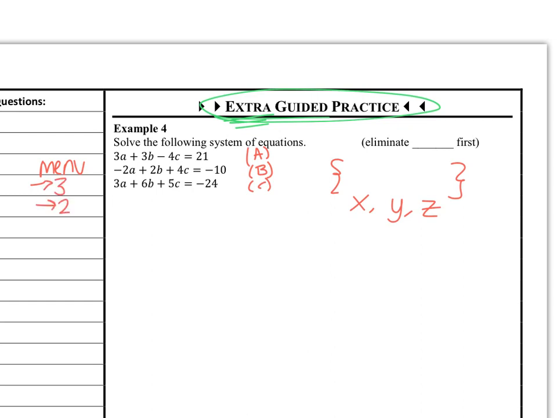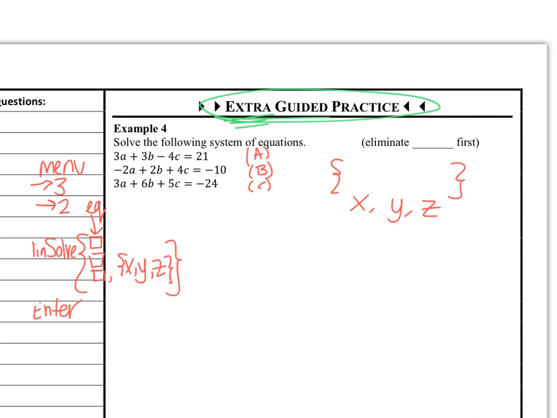And when you do that, you get a screen that looks like this. It says Lin Solve, because you're solving a linear pair of equations, or set of equations in this case. Then it has these boxes you have to fill in with your equations, comma, and then it tells you X, comma, Y, comma, Z is the order in which it's going to come out. Okay, so then once you've done that, you type in your equations with the equal sign, and then you hit enter.